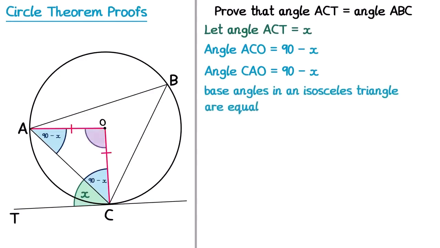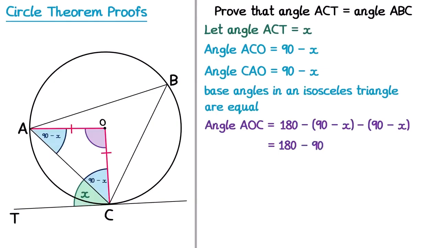Then we can find this angle here, since we know the other two angles in that triangle. So if we subtract those away from 180, we find that angle AOC is equal to 180, subtract 90 minus X, and subtract another 90 minus X. This is 180, subtract 90, but we do negative 1 multiplied by negative X, which is positive X, subtract 90, and then plus X again. 180 take 90 is 0, so we just have X plus X, which is 2X.